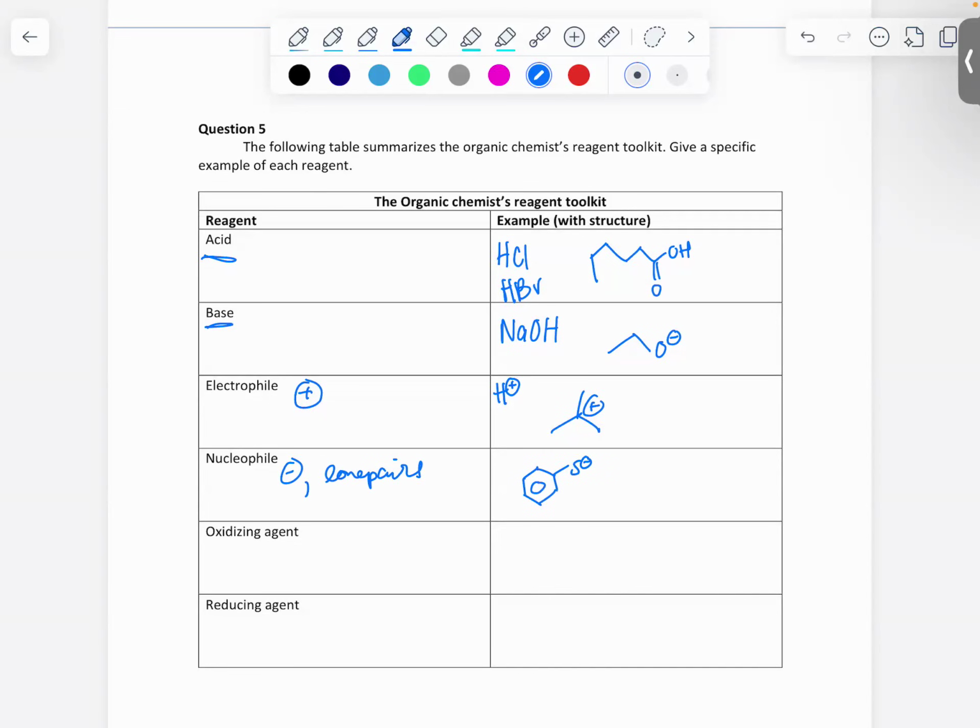Oxidizing agents and reducing agents, we have NAD plus and NADH, which have very similar structures. With this amide, and then NADH is going to have a neutral nitrogen, but 2 protons up top here. And don't forget that R group.